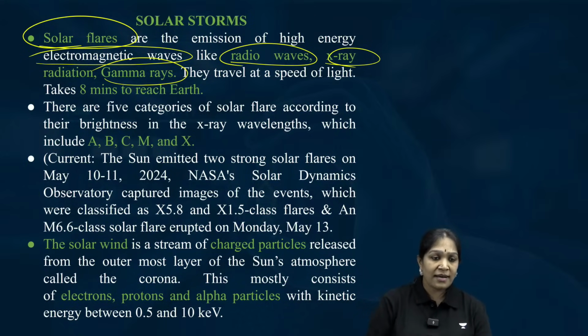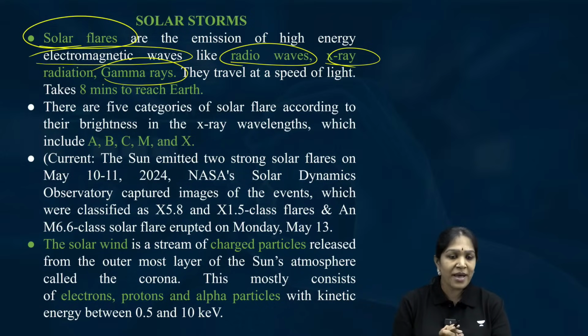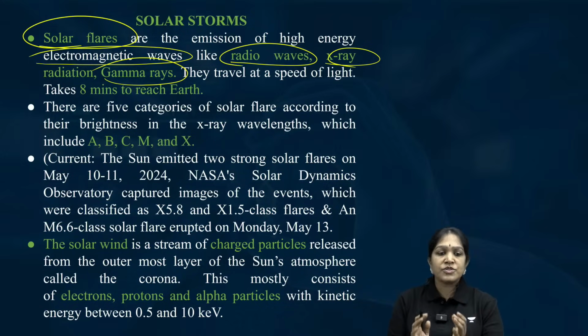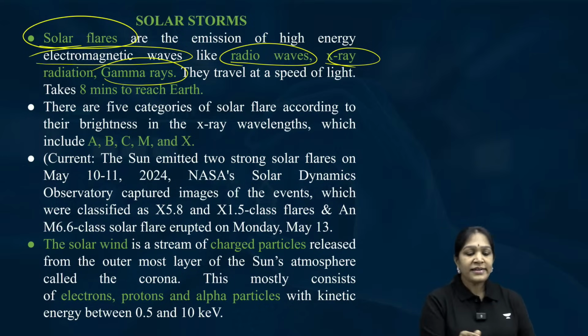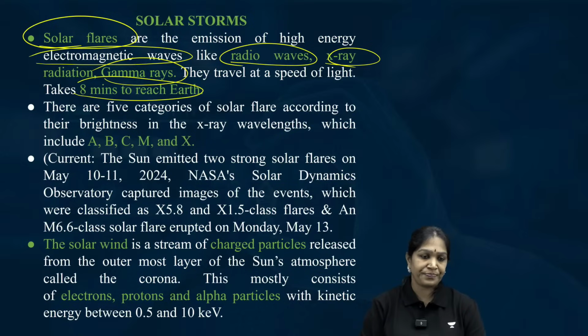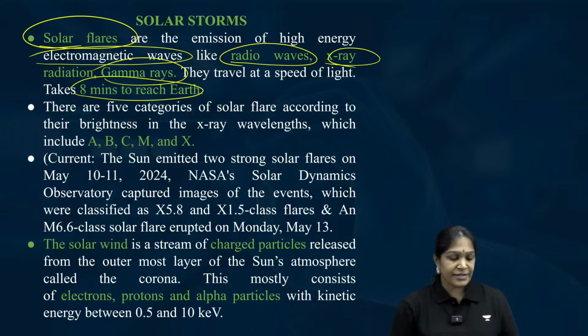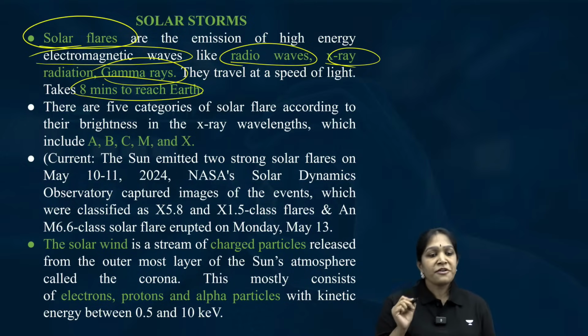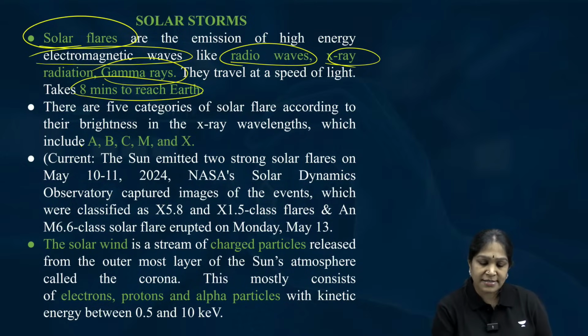So they are like light, isn't it? Light is also electromagnetic radiation. So just like light, it will take 8 minutes for solar flares to reach the Earth. Is it clear? Right. And solar flares are categorized into these categories.